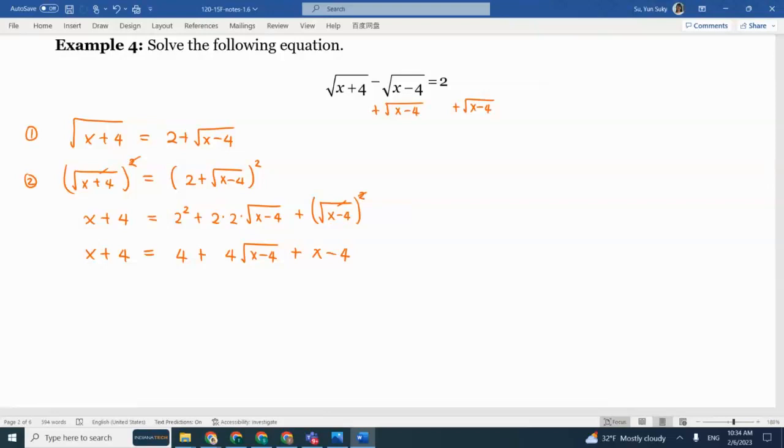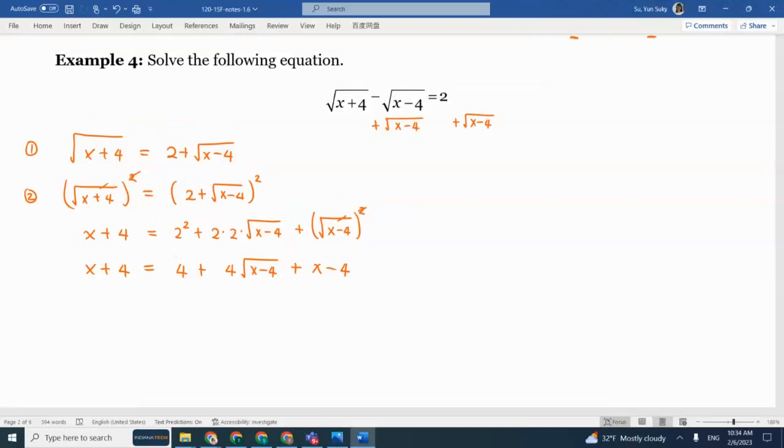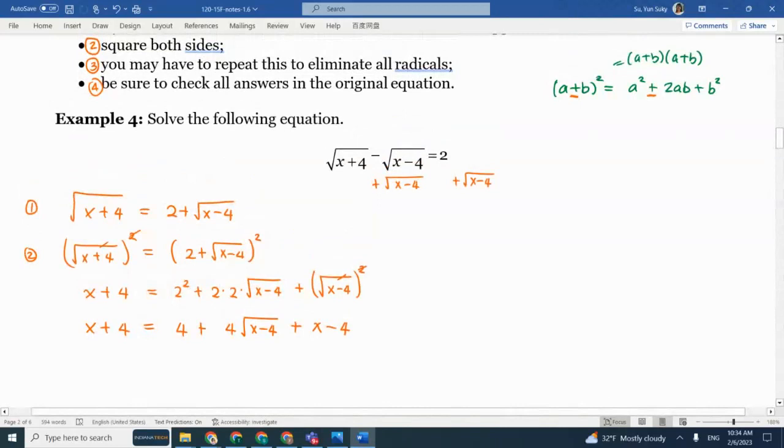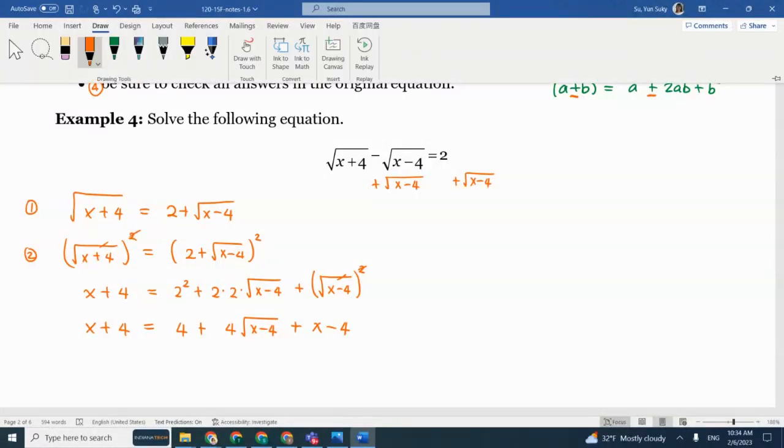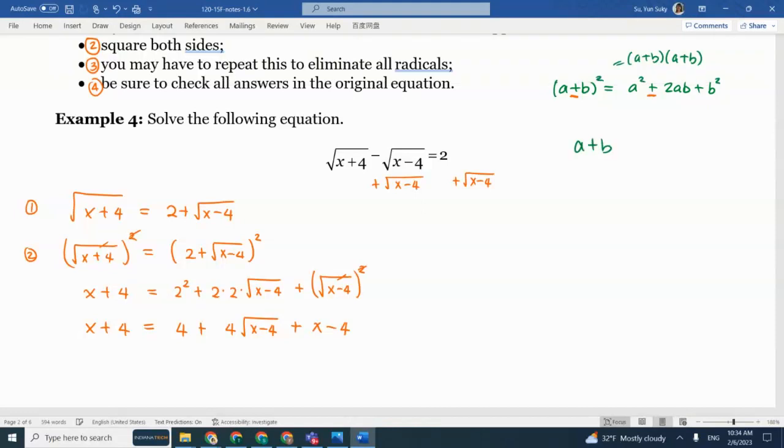Which step? Here? I don't understand why you didn't just put the square here and here, so this would cancel out. No, it's not. So that's why we use this formula. We said very important: a plus b squared is not equal to a squared plus b squared.